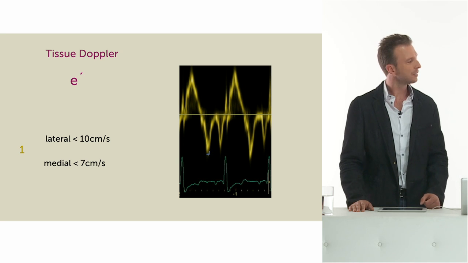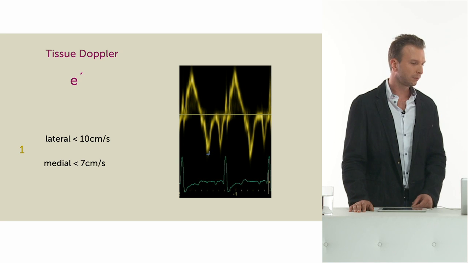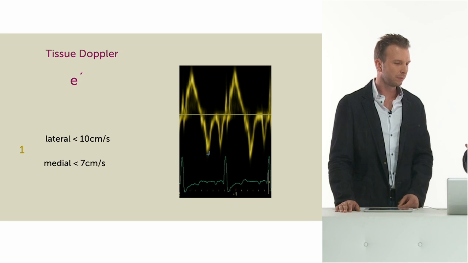A question. You see lateral and medial. What is the advantage of one over the other, and which one should you measure now? There is no real advantage. There are different studies, but you should average it. That's the key message. You have to average it and then average E to E prime. And why is the lateral E prime usually higher?